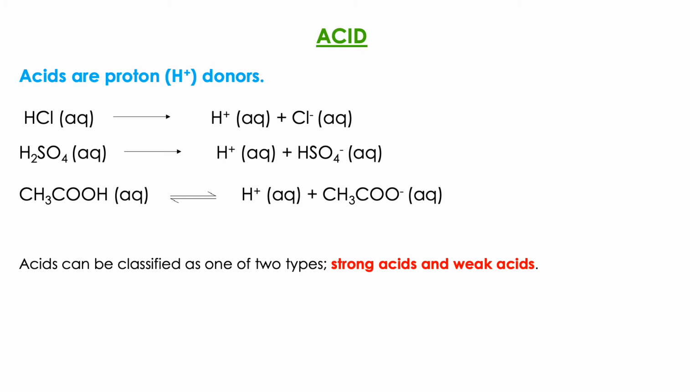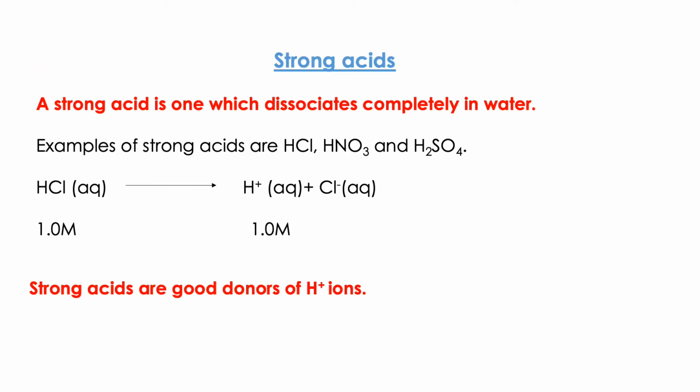Acids can be classified as strong acids and weak acids. Strong acid. A strong acid is one which dissociates completely in water. Examples of strong acids are HCl, HNO3, H2SO4. HCl dissociates completely to give H+ ions and Cl- ions. Look at the arrow.